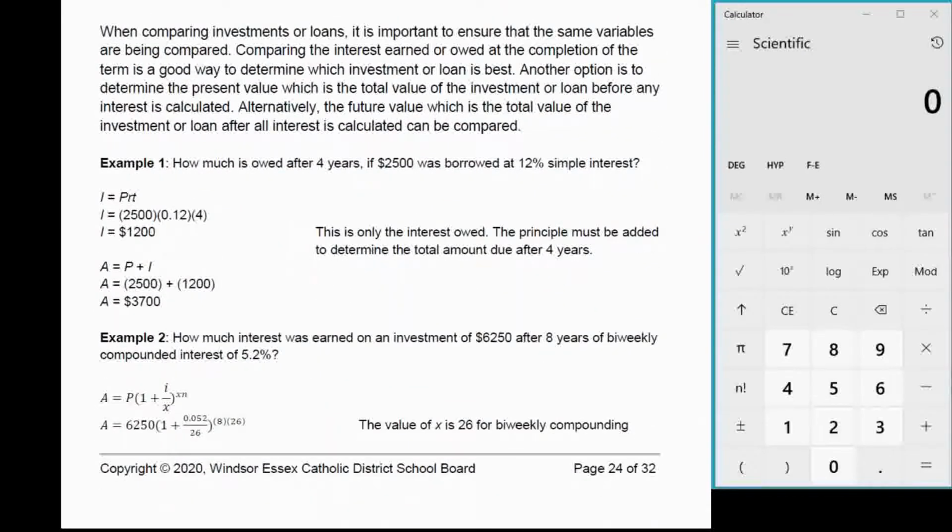So in order to compare these, though, we need to try to compare them at the same level. It's difficult to compare a loan or investment if we're just looking at what the term is.